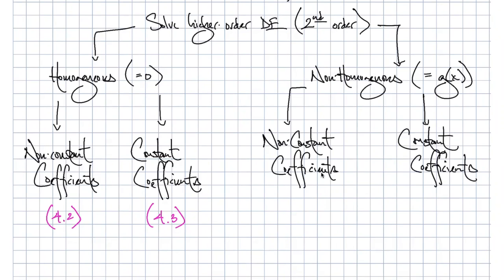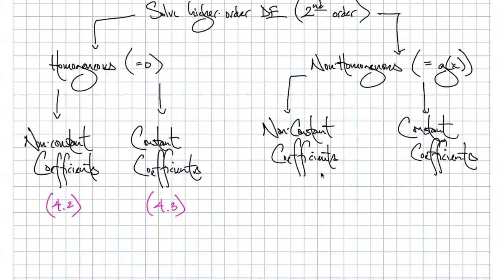And for the non-constant, that's actually going to be coming up in section 4.7. So we'll see it again at the end. We're going to start with non-constant coefficients in the homogeneous variety. We're going to end with non-constant coefficients of the non-homogeneous variety.